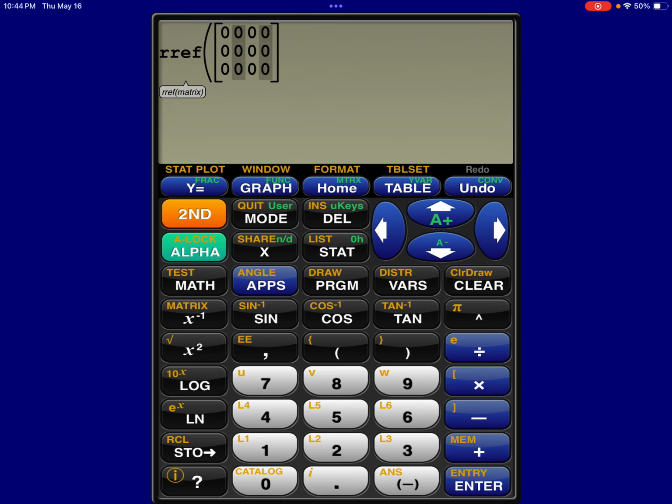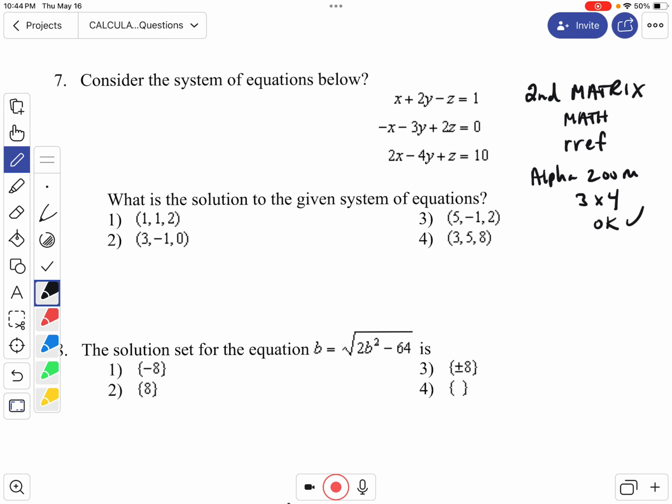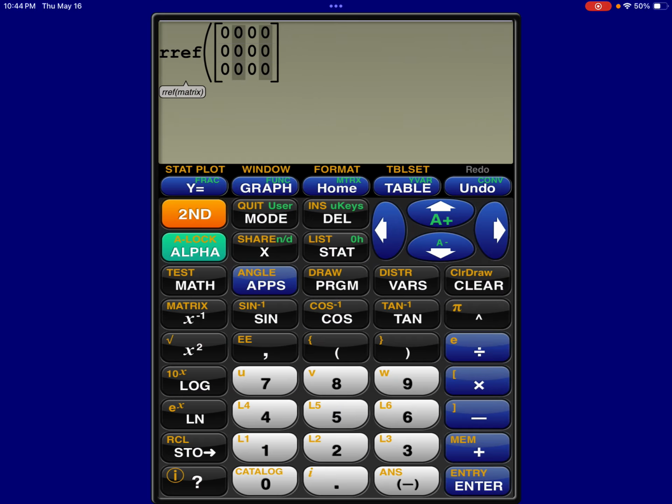Now, from here on out, you're going to substitute in the coefficients, which are the numbers in front of your x and y. So that's a 1, that's a 2, that's a -1, that's a 1, and so on and so forth. So I have 1, 2, -1, 1. The next row, I have -1, -3, 2, 0.